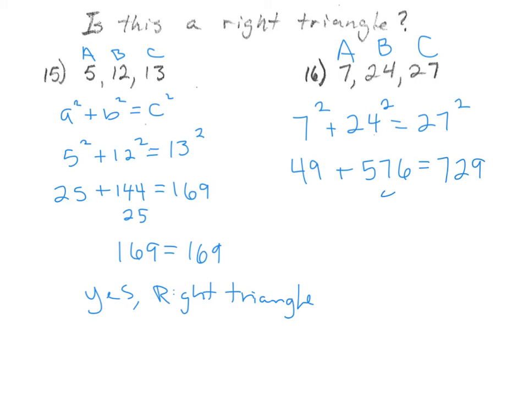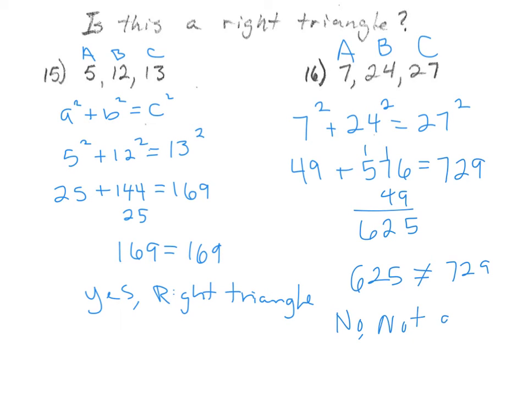I add this together, I would get 625. 625 is not equal to 729, so you would say no, not a right triangle. And that's how you do 15 and 16.